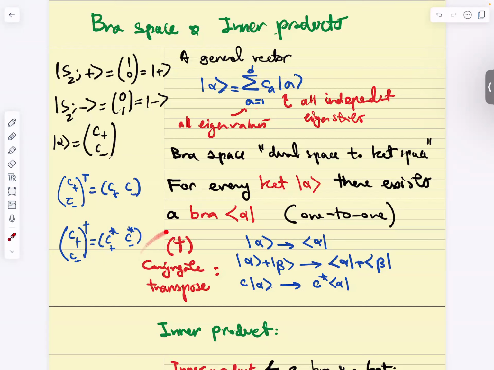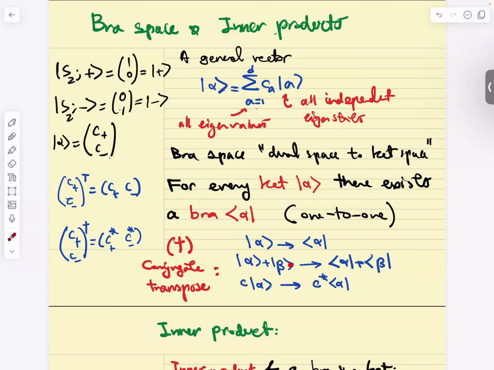Now, we're going to be using this dagger operation over and over again in quantum mechanics. It's the analog of transpose for complex vector spaces, where on top of the transpose you also take the complex conjugate, because these numbers need not be real. These are complex vectors, meaning the elements are complex, with real plus imaginary parts. So conjugation builds a one-to-one correspondence between kets and bras, and it goes both ways.